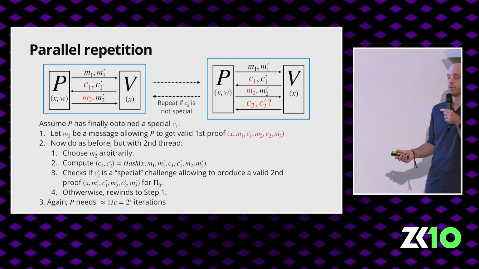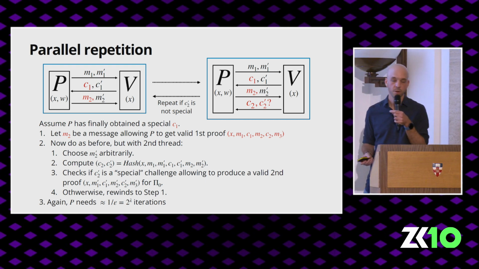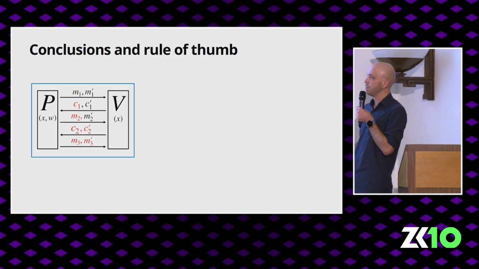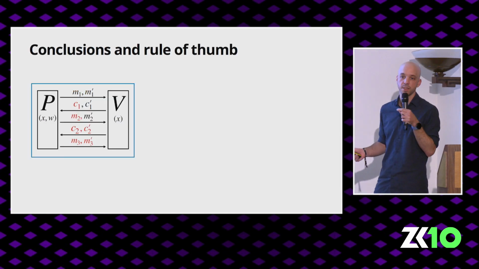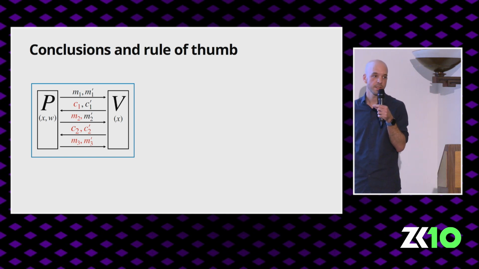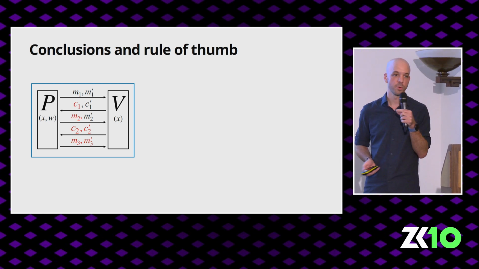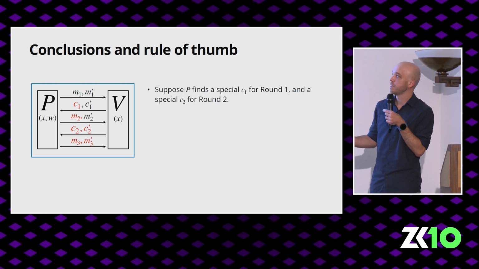So again, it needs about 2 to the lambda iterations, where lambda is the bits of security of the small protocol. And what happens if it succeeds in the two steps? It gets one column which contains a valid proof for pi 0, and another column which contains a valid proof for pi 0. So the verifier accepts.